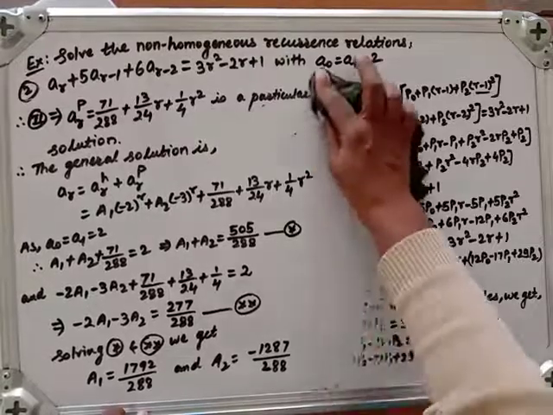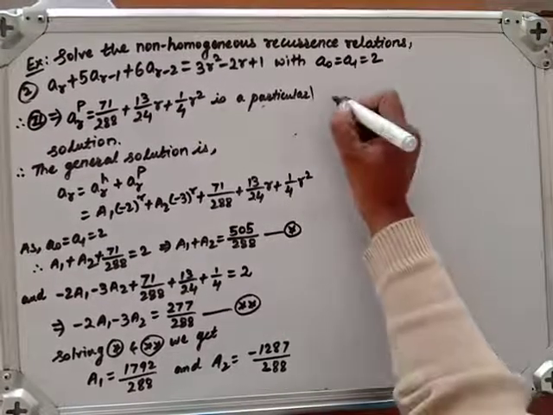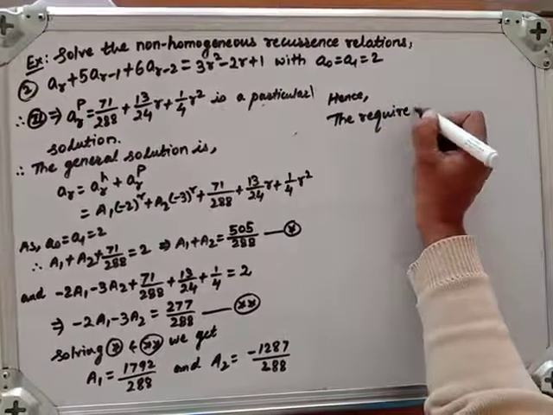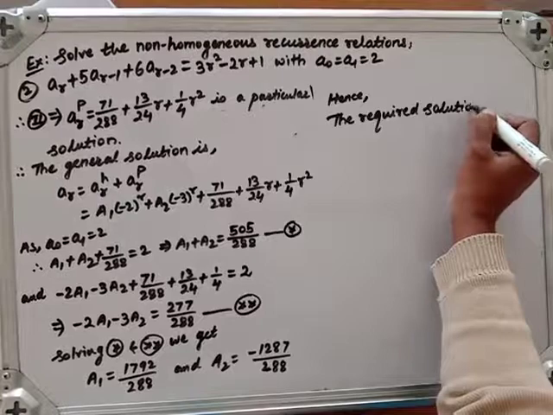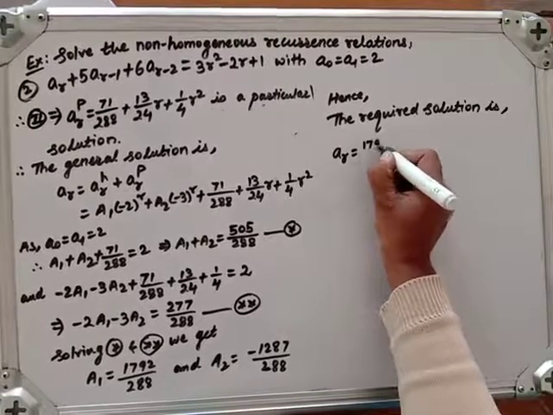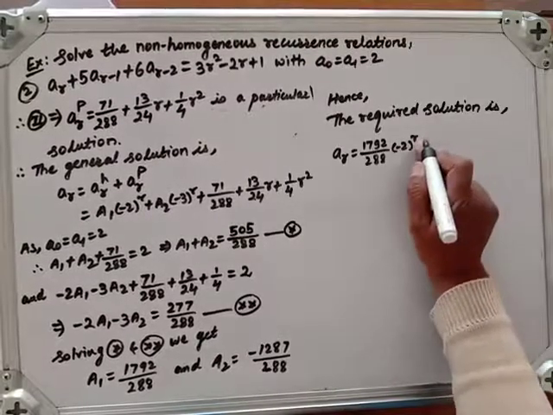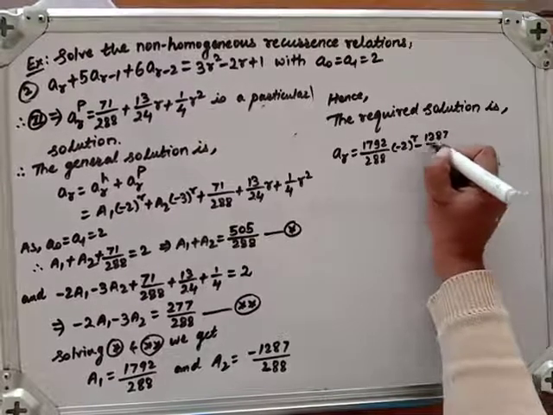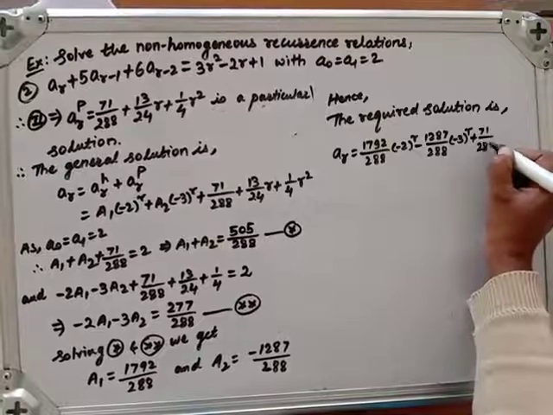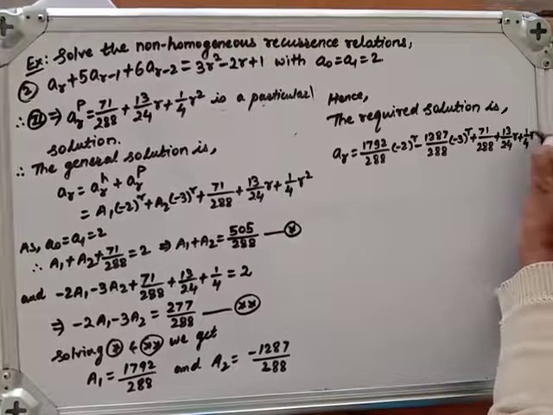Hence the required solution is AR is equal to 1792 upon 288 into minus 2 raised to R plus minus 1287 upon 288 into minus 3 raised to R plus 71 upon 288 plus 13 upon 24 into R plus 1 by 4 into R squared.